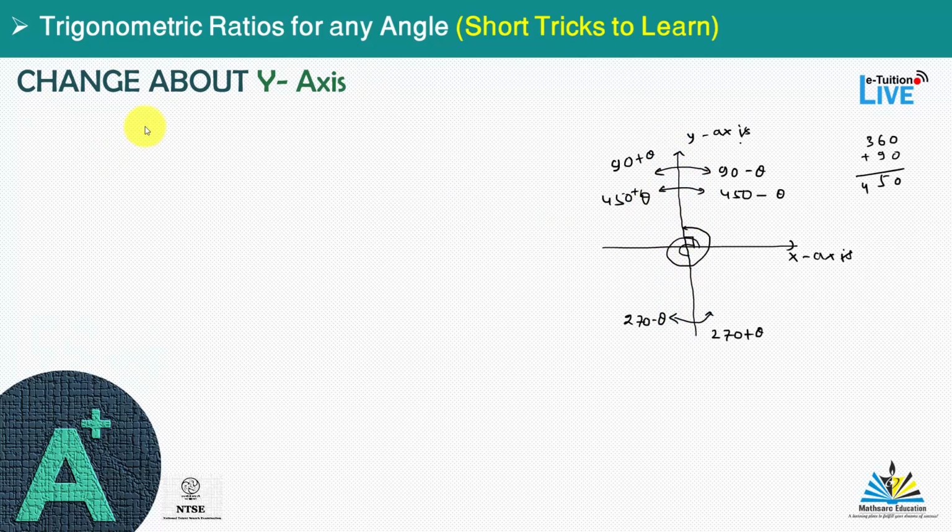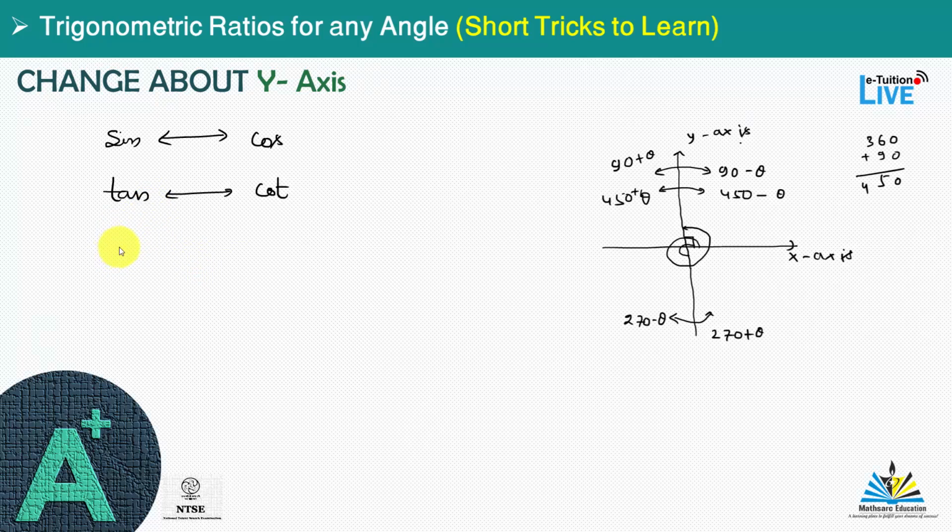So what does it mean? If we change about the y-axis, then sine will convert into cos and cos will convert into sine. You need to remember to change sine into cos and cos into sine. In the same way, tan will change into cot and cot will change into tan.